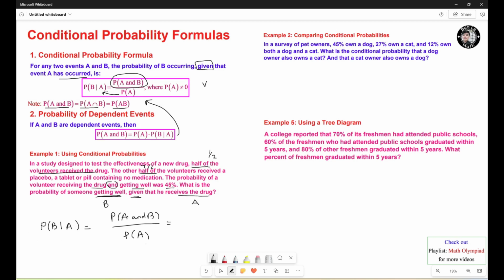I need to find the probability of A and B first. B is getting well, A is received the drug, so I look at this one: the probability of a volunteer receiving the drug and getting well, 45%.